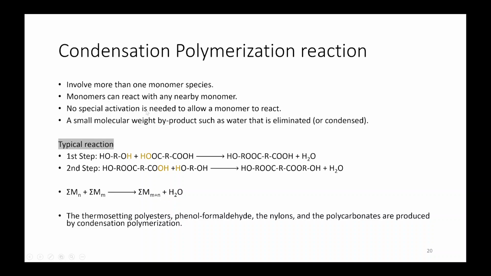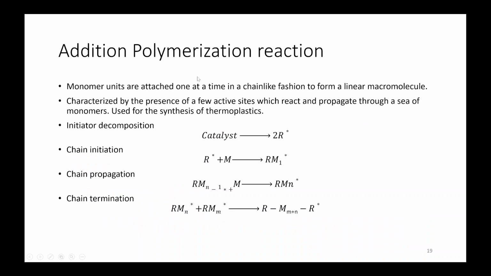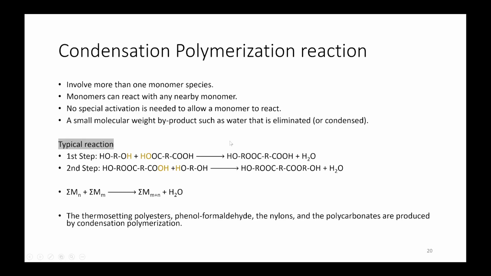No special activation is needed to allow a monomer to react. In addition polymerization we required a catalyst, but here we won't require that. A small molecular weight byproduct such as water or ammonia will be eliminated, which is known as condensation.